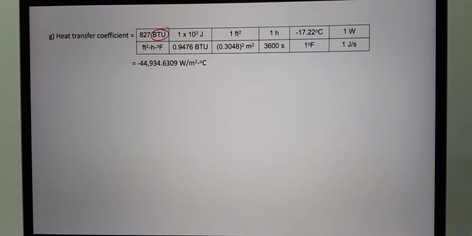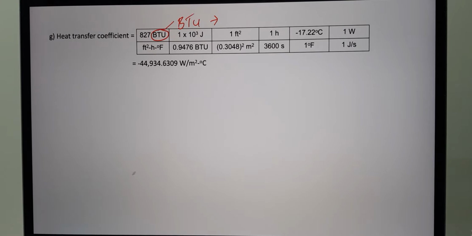This particular BTU, you need to convert to watt. So before you can convert to watt, you need to check with your conversion factors that you have in the tutorial. It is not straightforward where you can simply convert directly from BTU to watt.